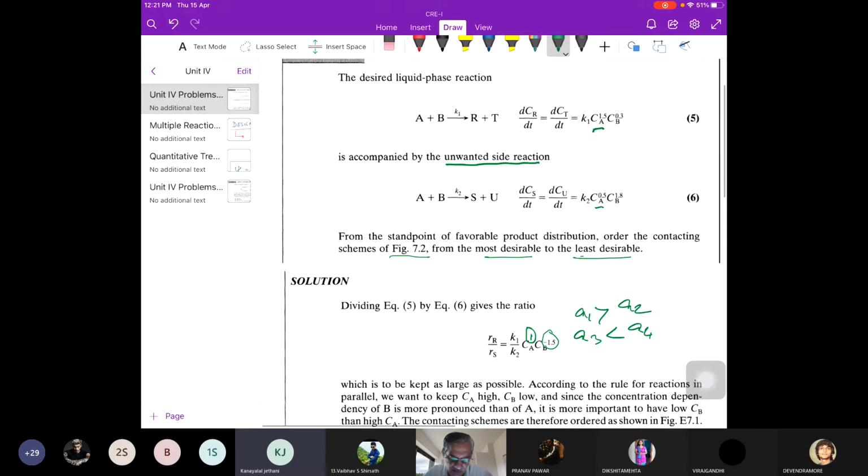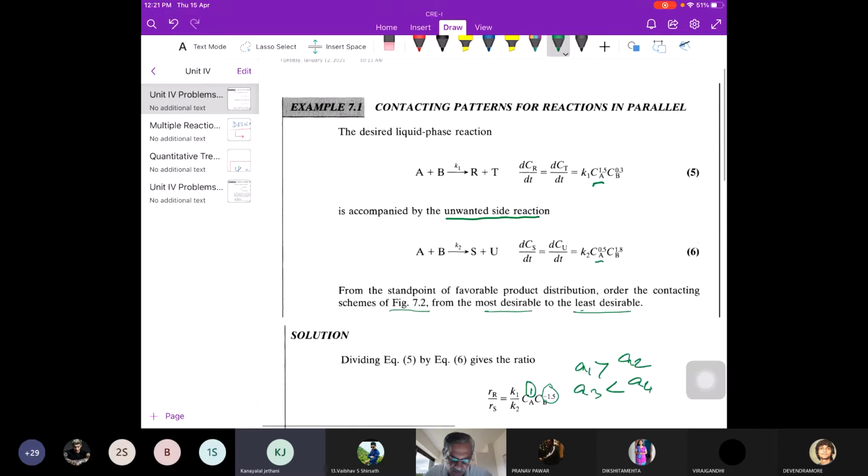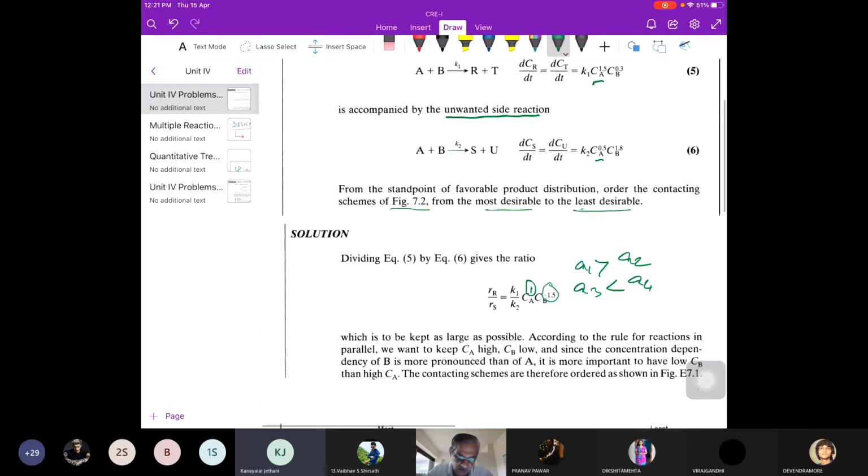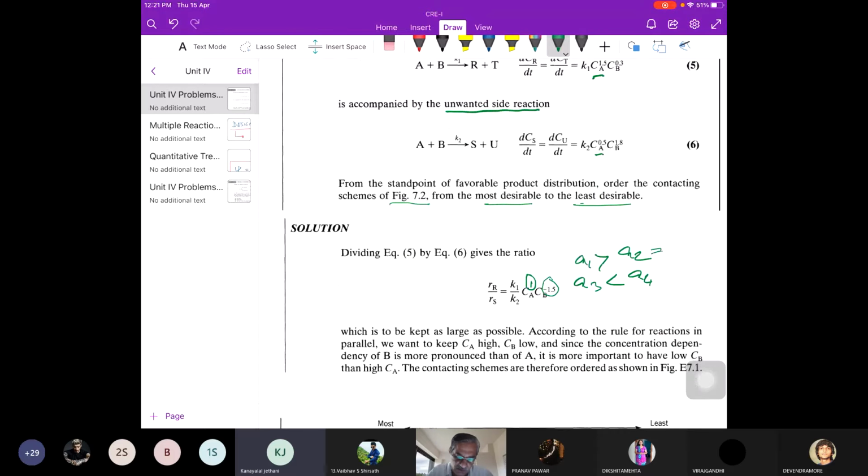So क्या करना पड़ेगा? Which low रखना पड़ेगा? What should be high and what should be low? A high, B low. Yes, exactly. So we should keep CA high and CB low.